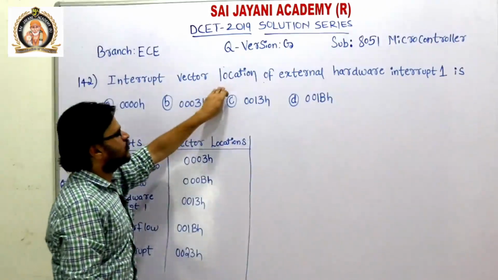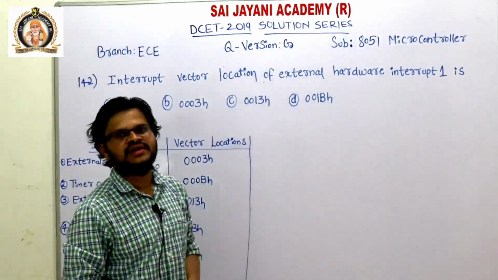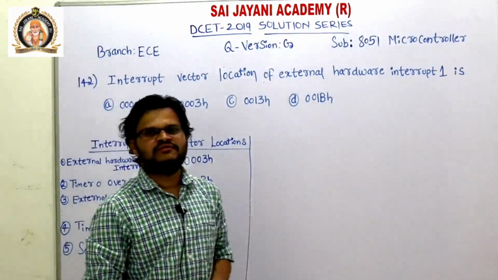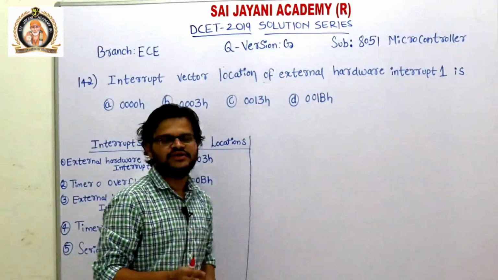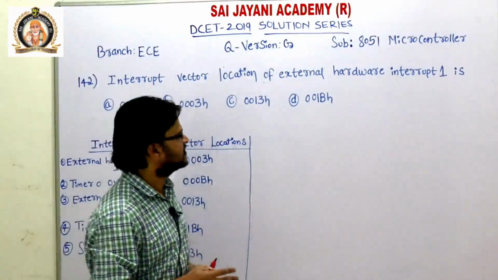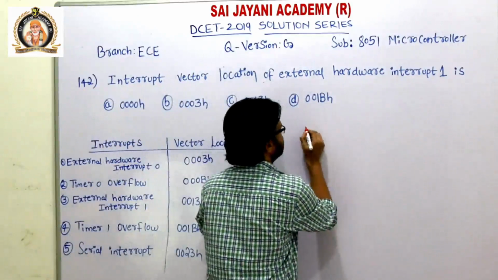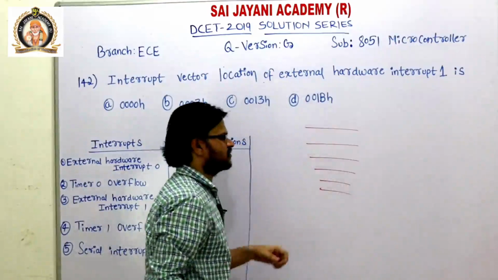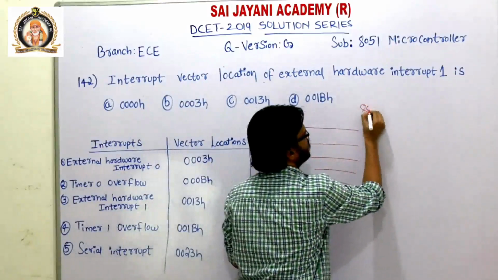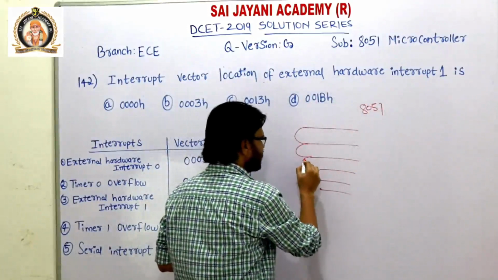Before solving the question, first we have to know the meaning of interrupt. An interrupt is a signal which breaks or disturbs the continuous execution of the processor. Consider these are the instructions. The 8051 microcontroller starts executing the instructions one by one.